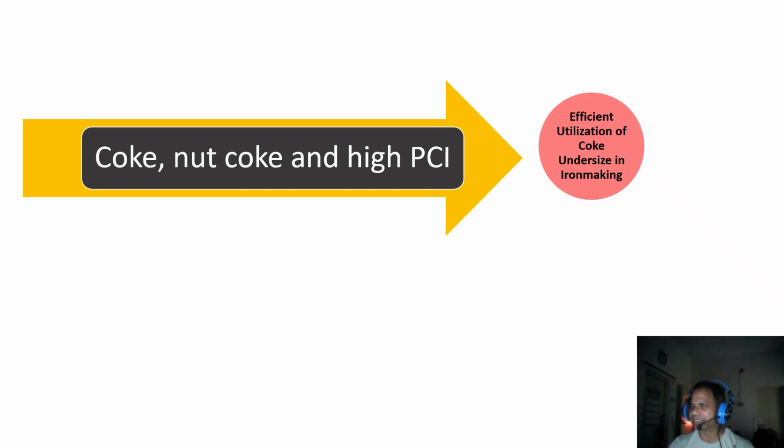Welcome to this in-depth session on strategic utilization of coke undersize in blast furnace operation. In an era of rising PCI rate and cost optimization, how we manage our nut coke is really very important, and it shapes the entire economics of hot metal and its cost management.